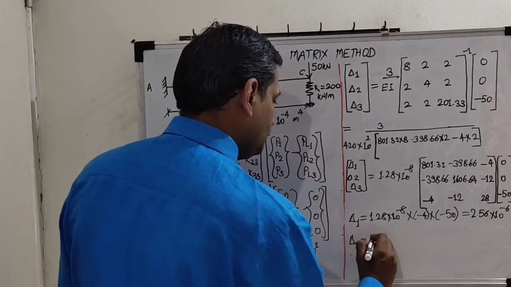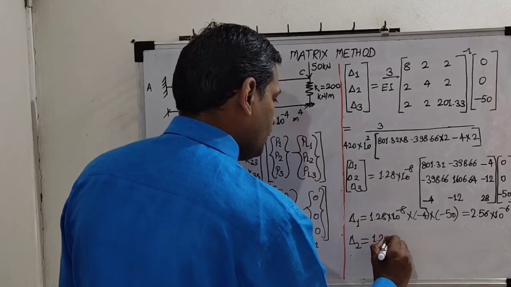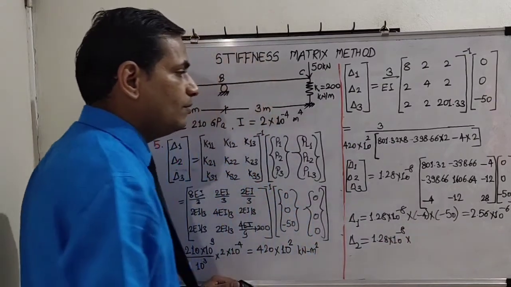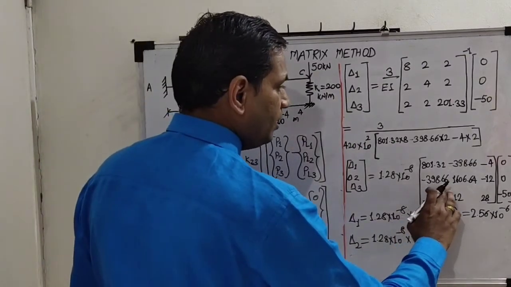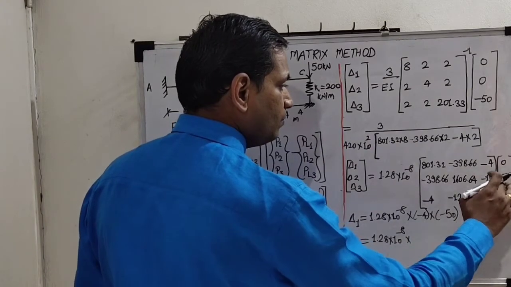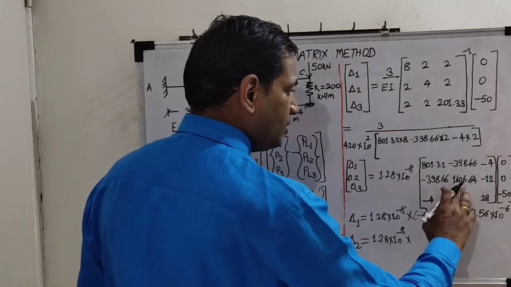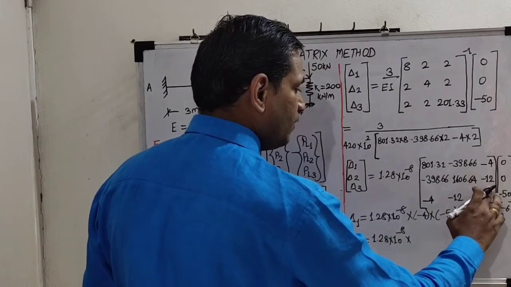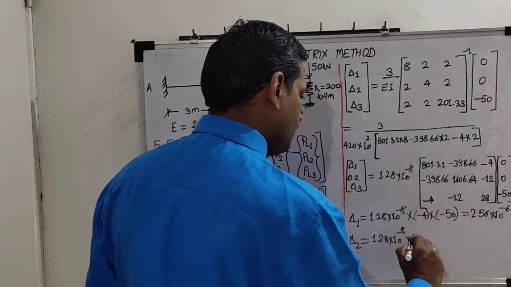Then delta 2. Again 1.28 into 10 raised to minus 8 multiplied by minus 398.66 into 0. Skip. 1606.64 into 0. Again skip. Minus 12 into minus 50.